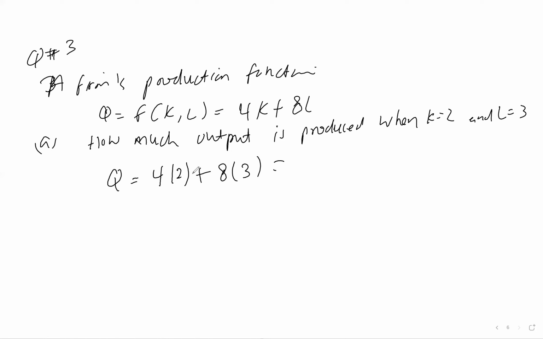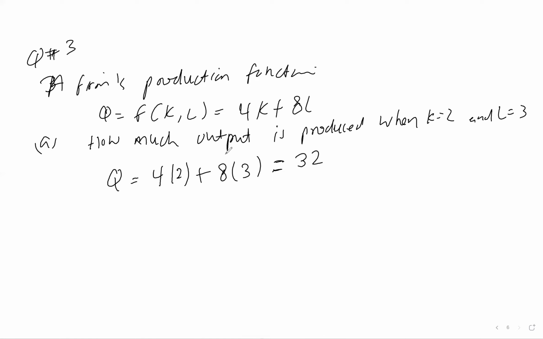So that's 8 and 24, which is equal to 32. So 32 units of output. So that's the first part of it. Now, for the second part of the question, how much output is produced when K is equal to 2 and labor is equal to 4? The level of output, using 2 units of capital and 3 units of labor, we were able to produce 32 units of that output.